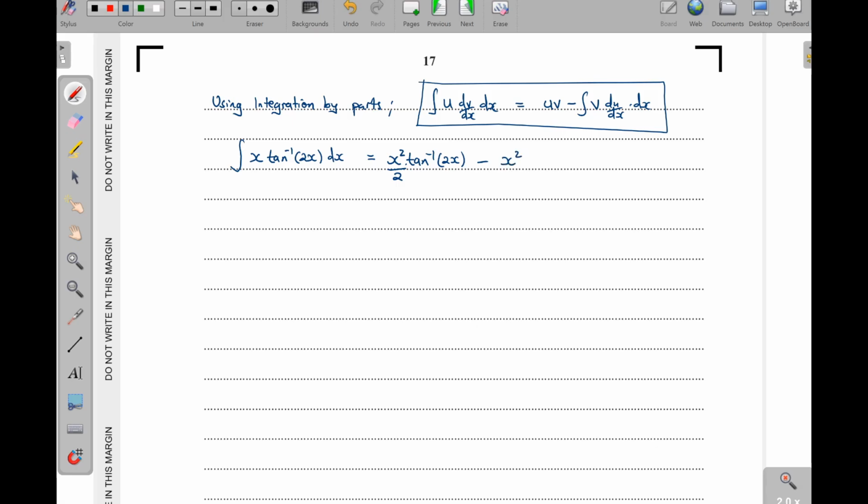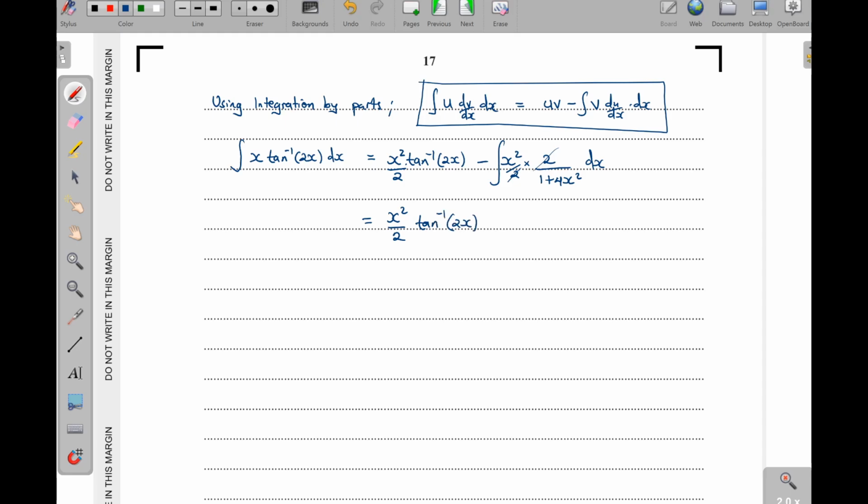Our v is x squared over 2. Then our du dx, we saw it is 2 out of 1 plus 4x squared. We are integrating this. Now, of course, this one will disappear. That means we shall have x squared over 2, and then the arctan of 2x here.